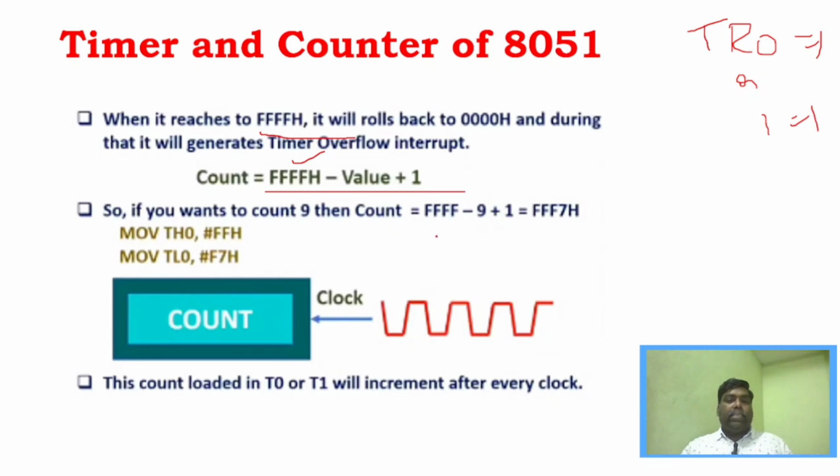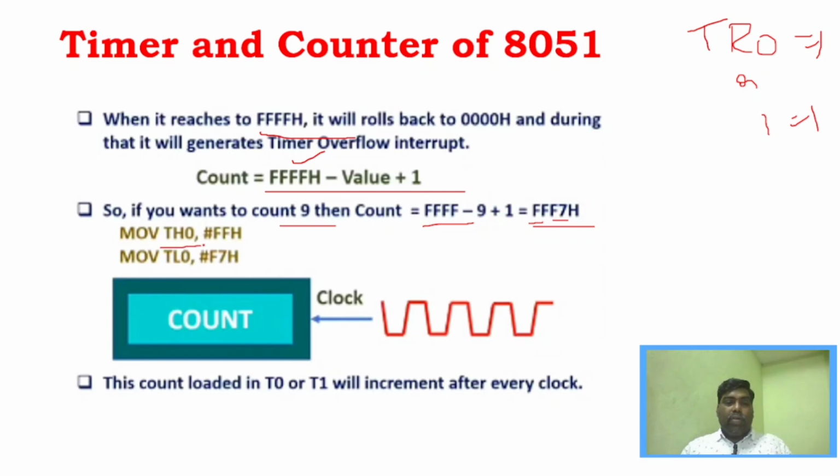You can see a good example here. If the count value is 9, I have to subtract this 9 from FFFFH plus 1, and I will get this particular value. Of this value, these two digits are the lower bits and these two are the higher bits.